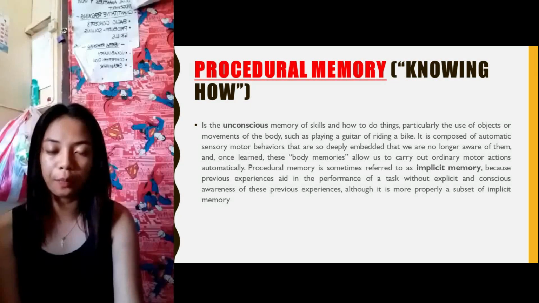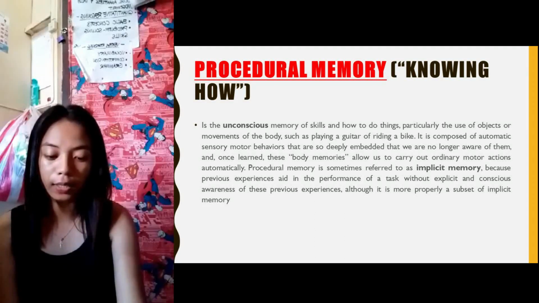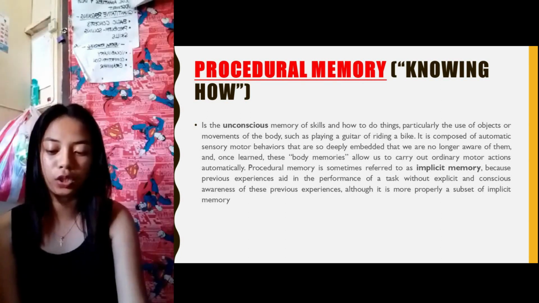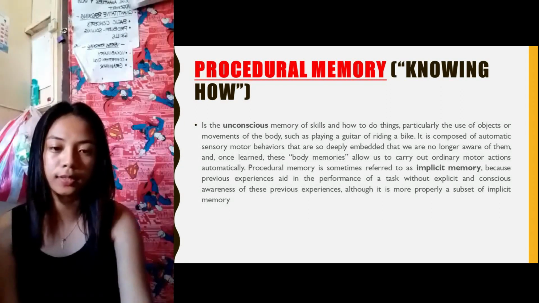Example of procedural memory: musicians or professional athletes are said to excel in part because of their superior ability to form procedural memories. Procedural memory is also important in language development, as it allows a person to talk without having to give much thought to proper grammar and syntax.